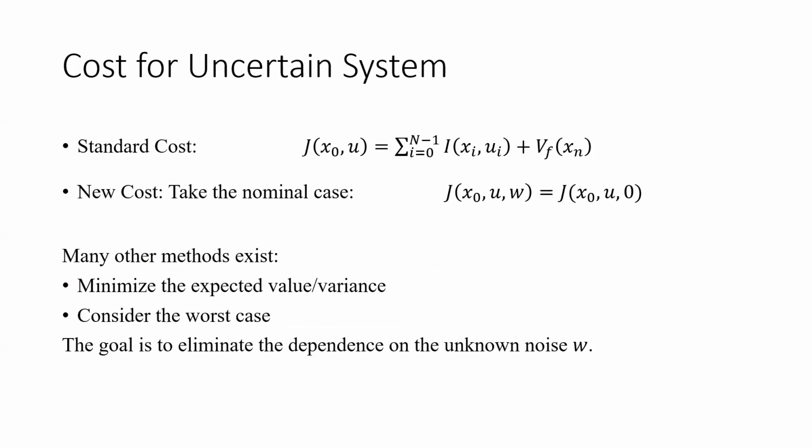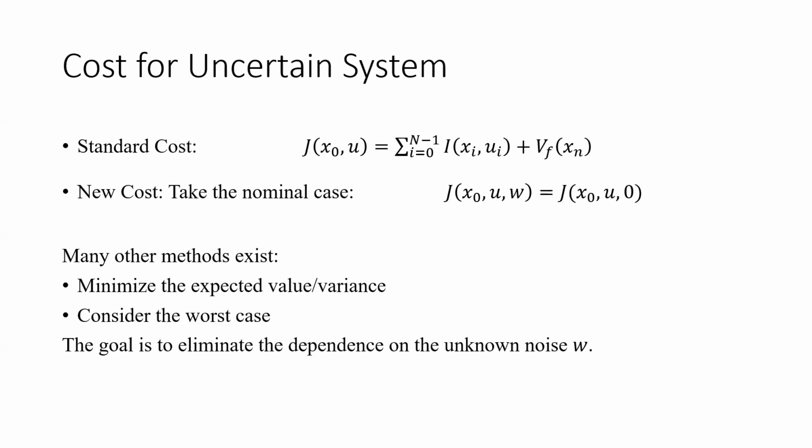As I mentioned earlier, in the new optimization function, because we don't know what the W or the disturbance value is, we must figure out a way to build an optimization function that is clean of the disturbances. There are many ways to do that. For instance, you can minimize the expected value of this term.